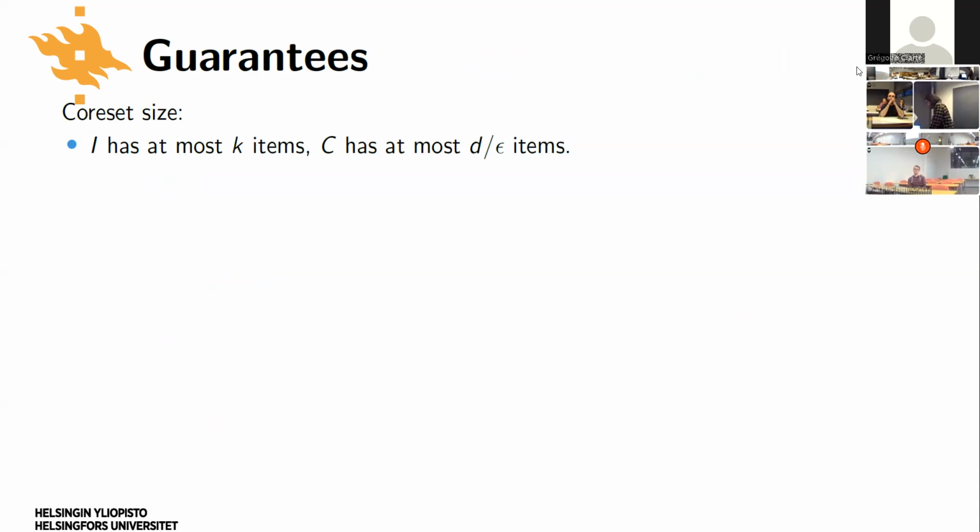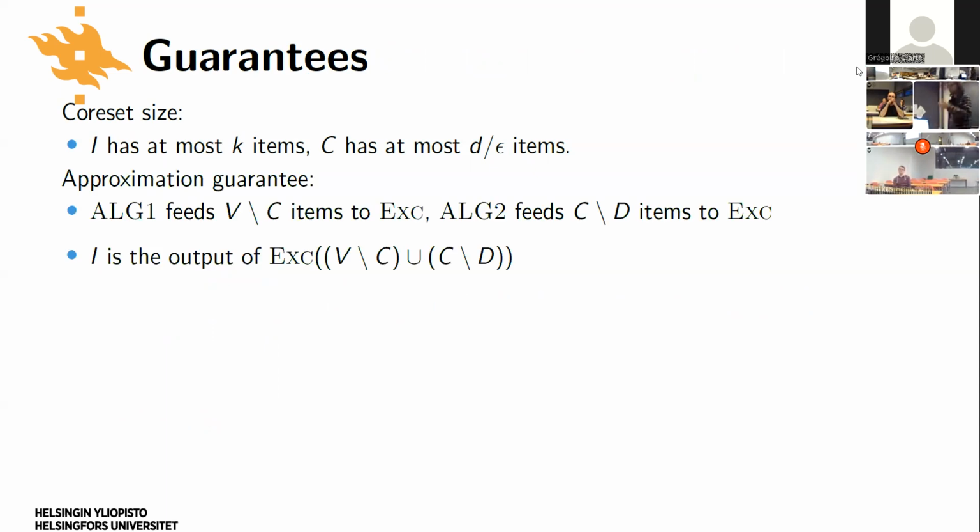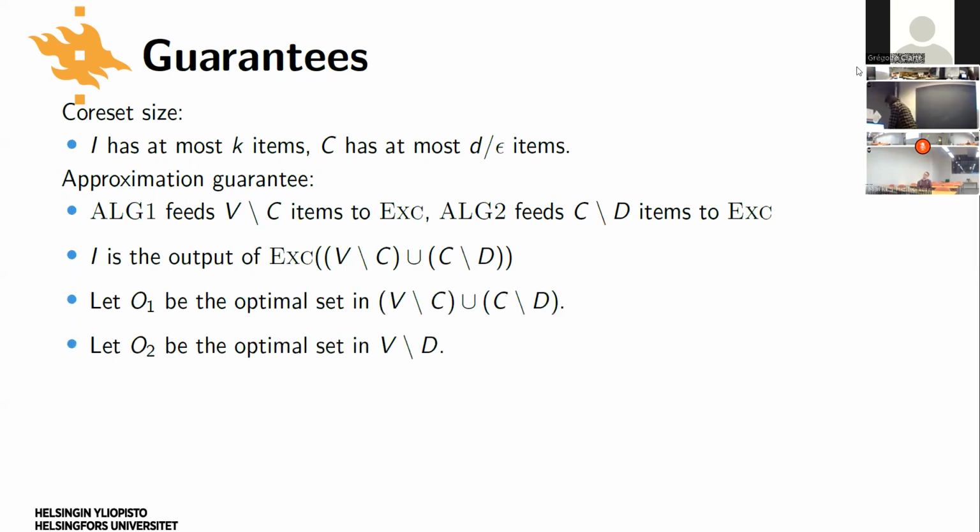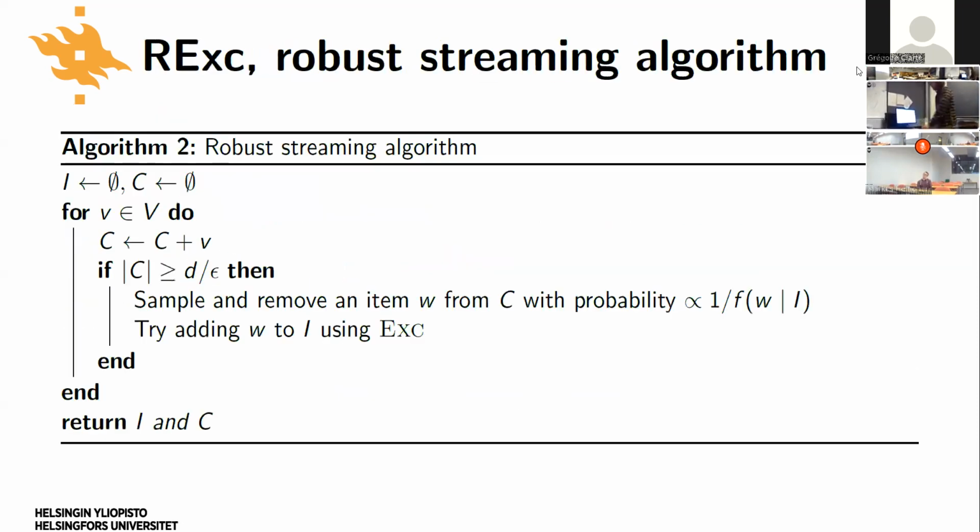So what about the approximation ratio? If you just look at the algorithm, what happens here? Algorithm 1 feeds B minus C items to this X algorithm. And algorithm 2 feeds C minus D items to X, right? If you just look at what's happening, let's go back. Here, the items that are fed to X are just B minus C, because that's just how it works.